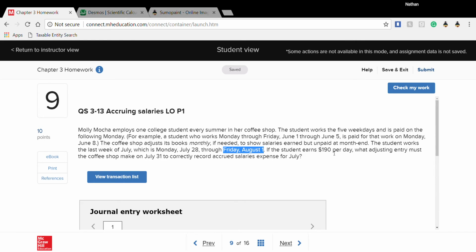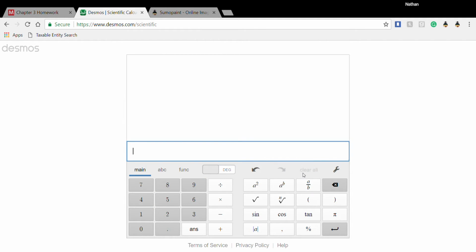If the student earns $190 per day, what adjusting entry must the coffee shop make on July 31st? So, if they make $190 per day, we know it's 4 days that are left in July starting on Monday. We're going to take our calculator. Let me clear all this out.